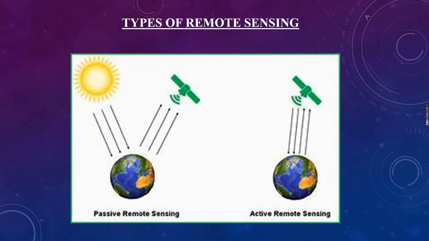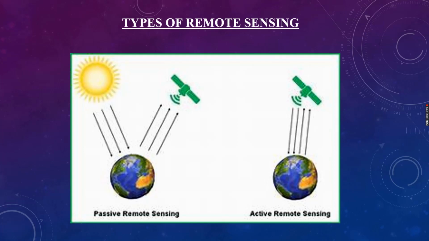Okay, so passive remote sensing always takes place in the presence of some source of illumination, may it be the sun, may it be a light bulb, any kind of illumination source which is radiating EMR, and with the help of that EMR we are able to see any particular feature.